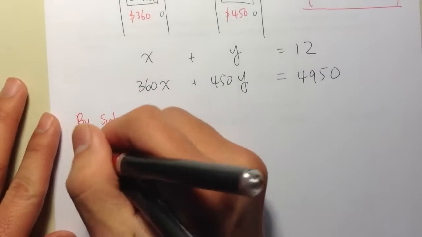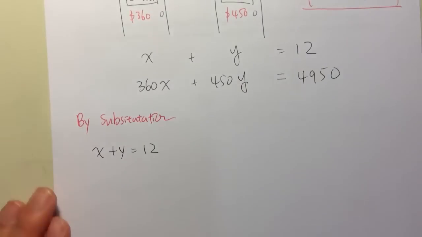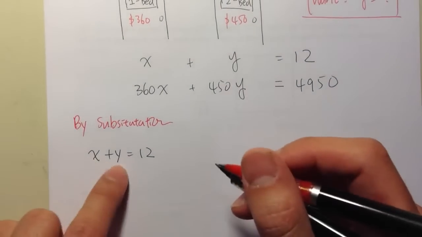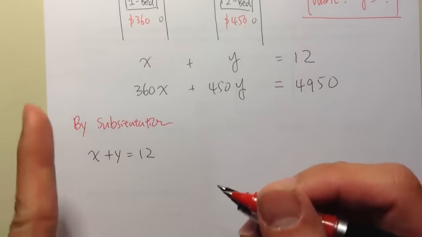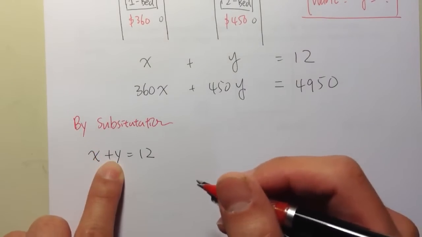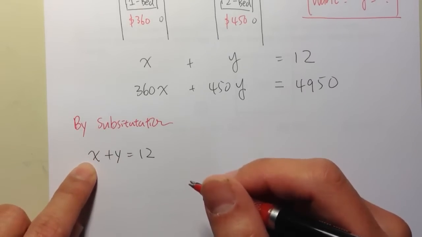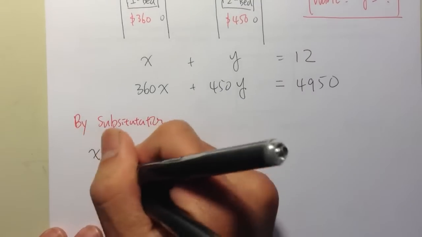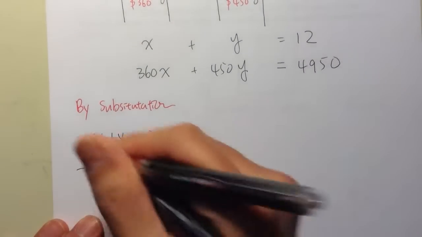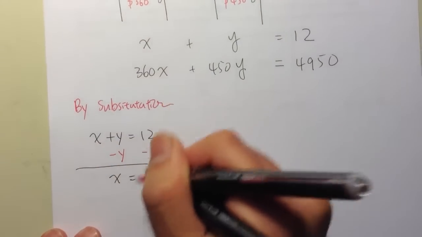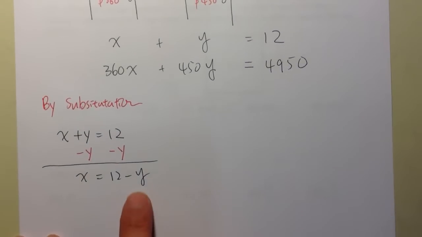So let me take a look at the first equation, X plus Y is equal to 12. Technically, there's a 1 in front of the X and a 1 in front of the Y. But what I want to do is isolate the X. Let me do that by subtracting Y on both sides. So I get X is equal to 12 minus Y. So that's my new equation.